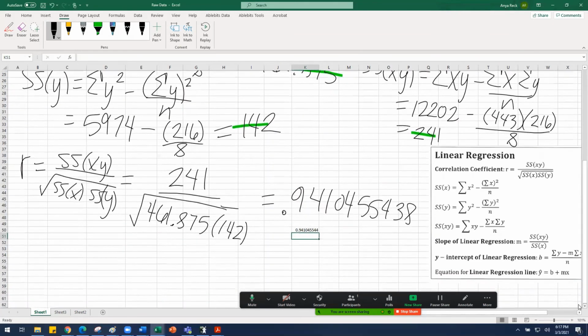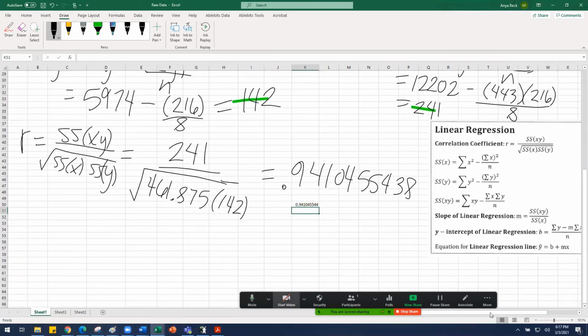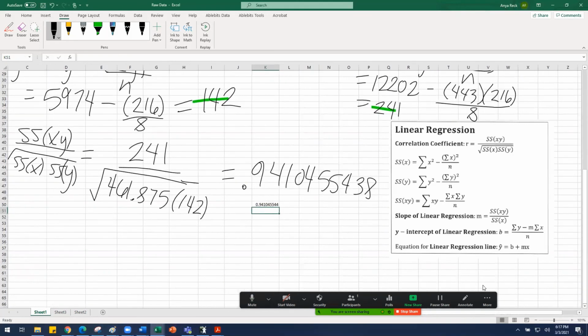Now let's continue with this formula. It says now we need to find m, the slope. So our m value is SSXY divided by SSX.